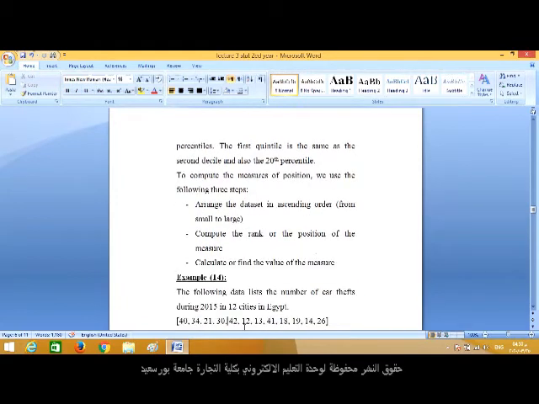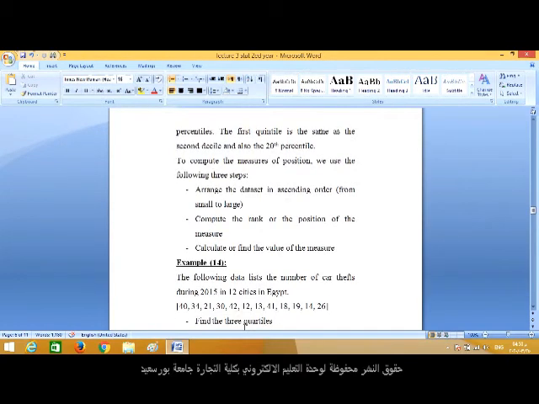Example number 14. The following data lists the number of car thefts during 2015 in 12 cities in Egypt. Okay, so we have 12 observations. Every observation represents the number of thefts in one of the 12 cities in Egypt.